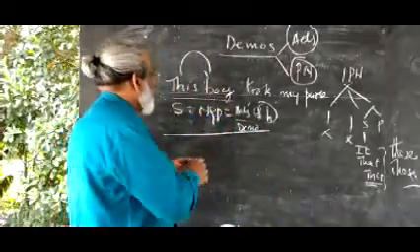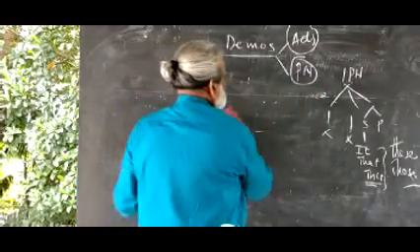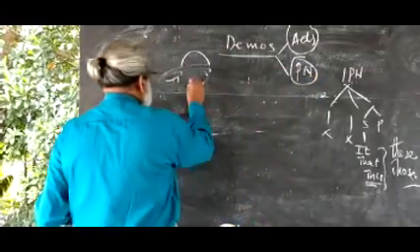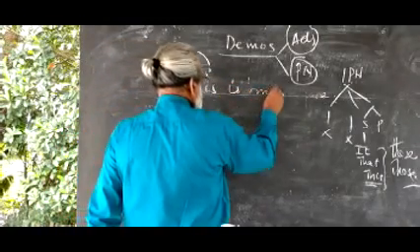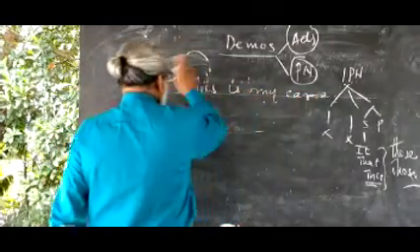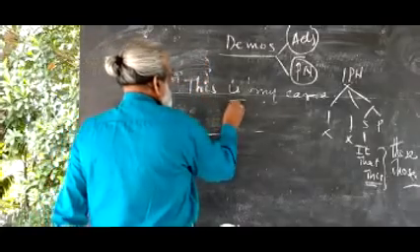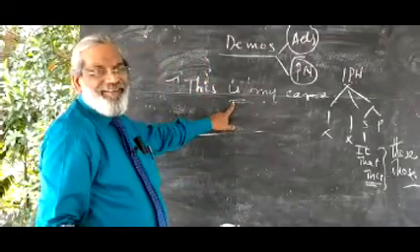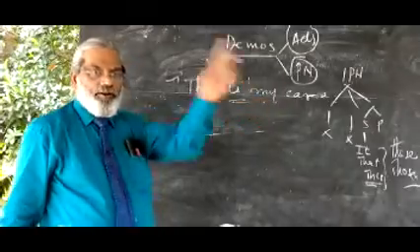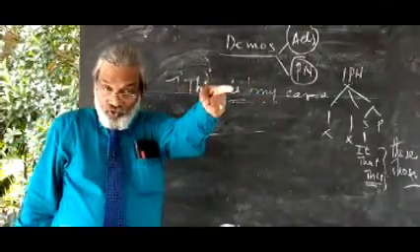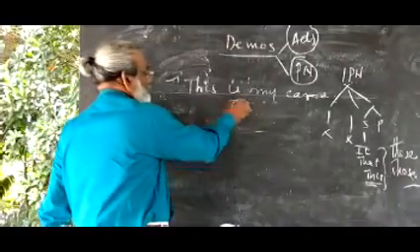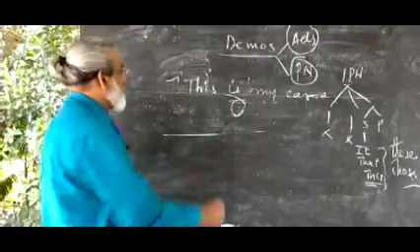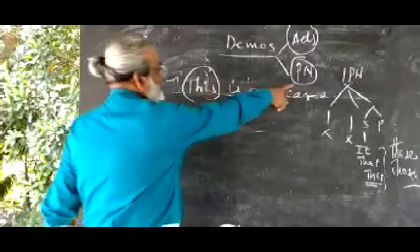In the same way, demo adjective has a demo pronoun function. Example: this is my car. Look here, this is followed by a verb. This points out this, not that. This pointing out, followed by a verb, not a noun. Automatically, this is called a PN, pronoun.